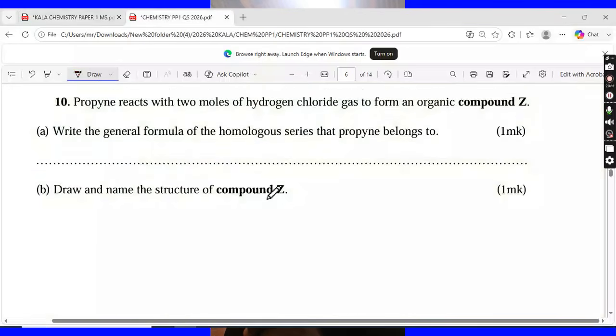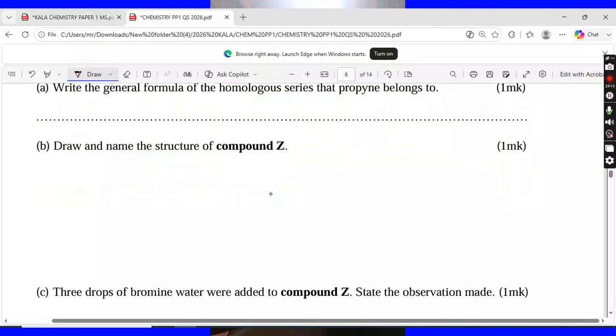If you need an explanation, let me explain what happened. We have propyne, that is 3 carbons. For this one, we will have 1 hydrogen here.